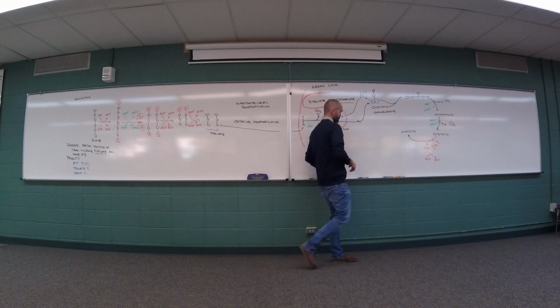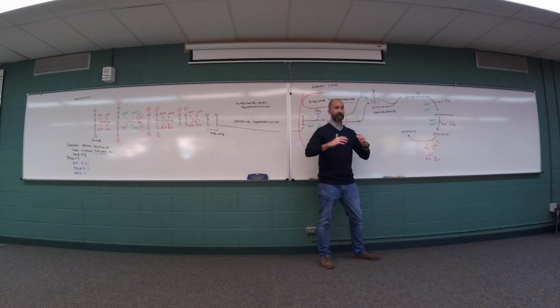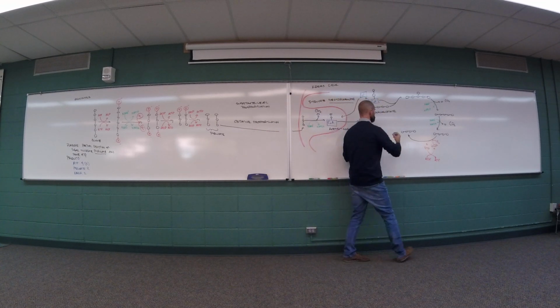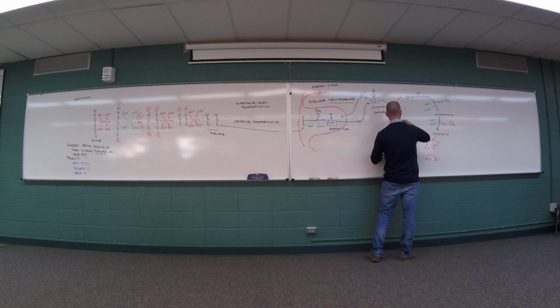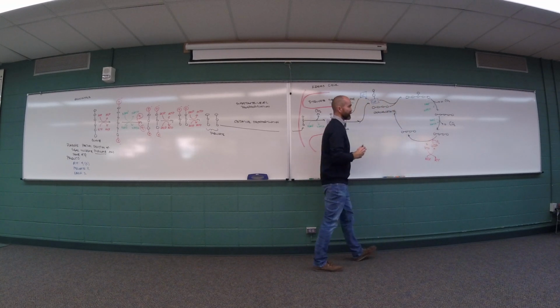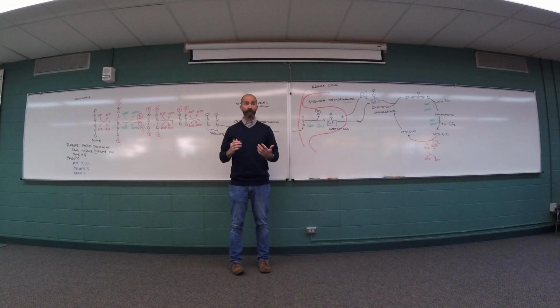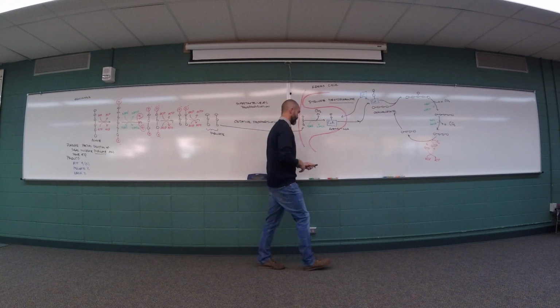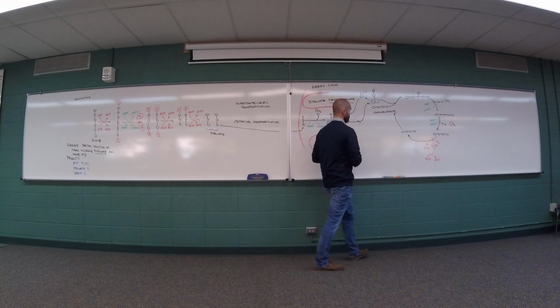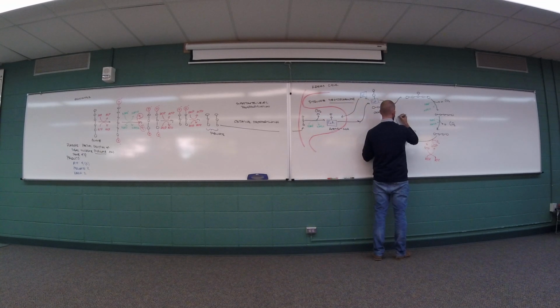Okay, then the last step of the Krebs cycle is the last bit of molecular reshuffling. So we're going to move bonds around and different things around. And we're actually going to liberate a couple of electrons when we do that. And we're going to make two different types of electron carriers. So one we're already familiar with. We make an NADH.